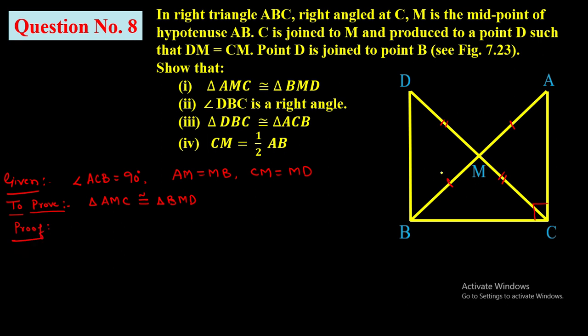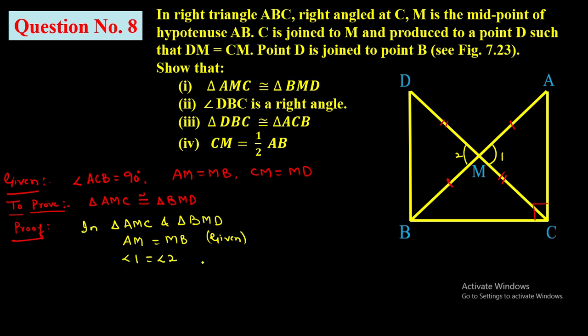Okay, so here if we take these two triangles AMC and BMD, in triangle AMC and triangle BMD, it is given that AM is equal to MB, as M is midpoint of AB, so it is given. Then we can see that angle 1 is equal to angle 2, as these are vertically opposite angles.